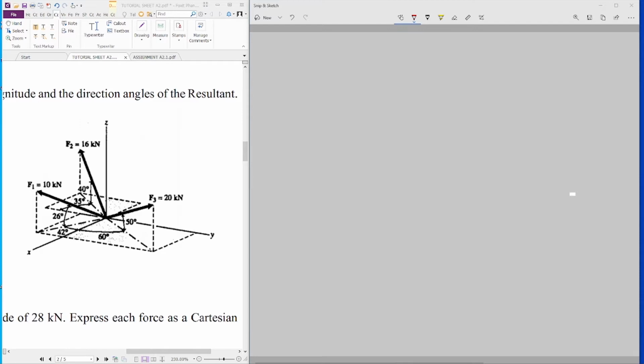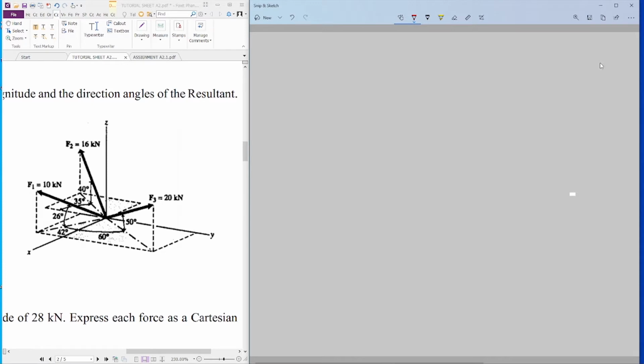You just have to visualize it properly. Okay? So without further ado, we'll just make sure that we do what we are supposed to do here.